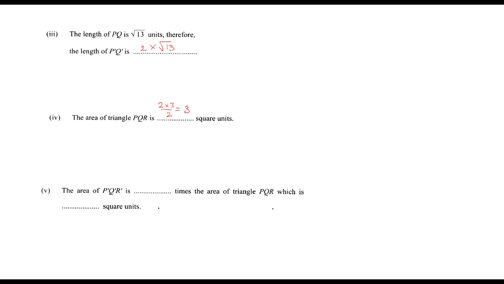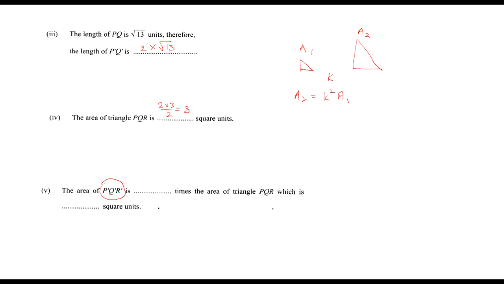Now the area of the image is how many times the area? The scale factor is -2. Now when you have an object and an image and it undergoes an enlargement, if the area of the object is A, and the area of the image is A2, and the scale factor is K, then the area of the image is equal to K squared multiplied by the area of the object.